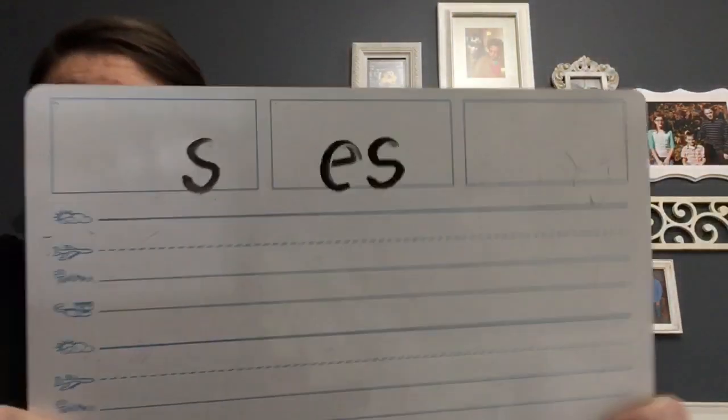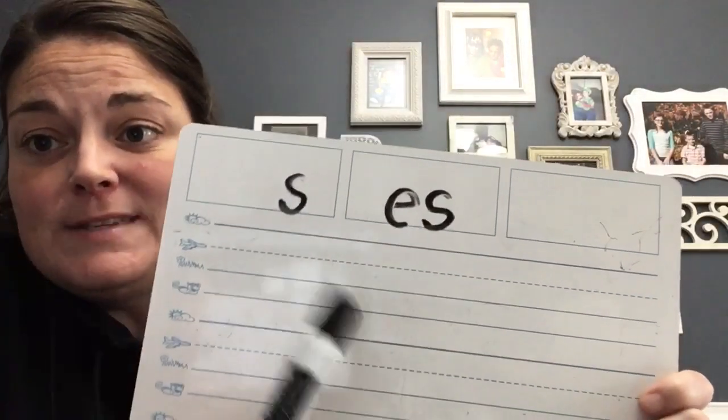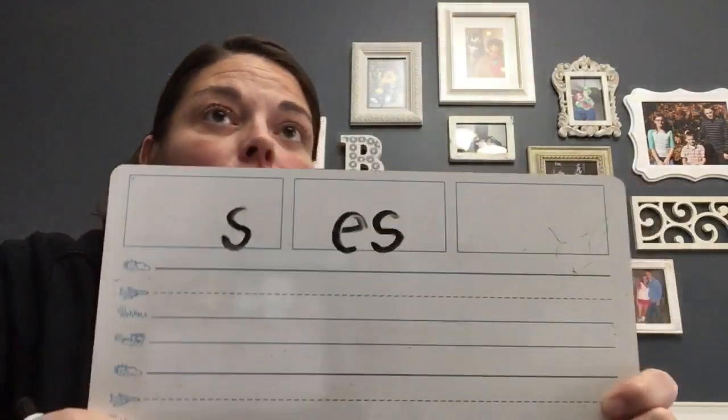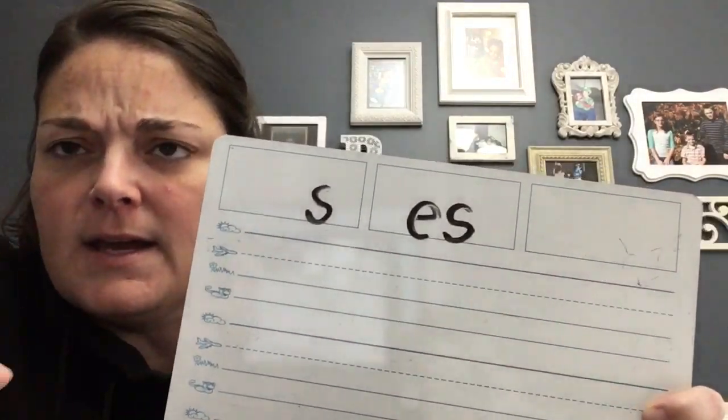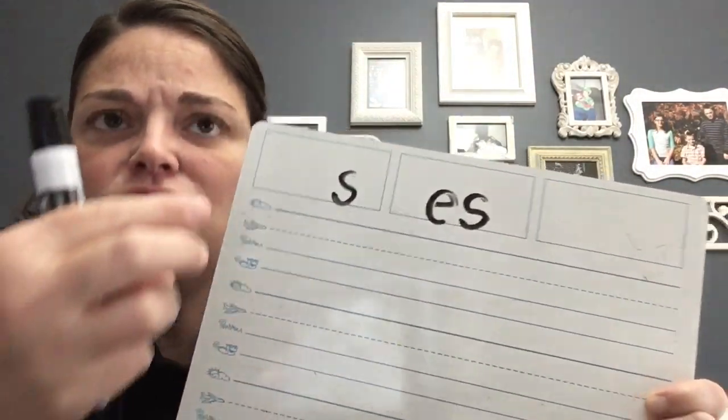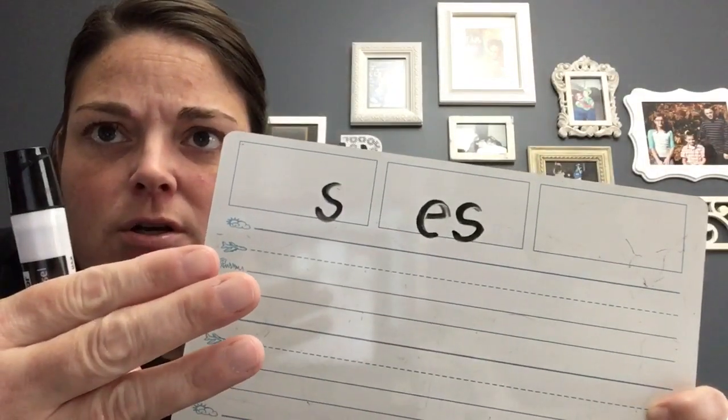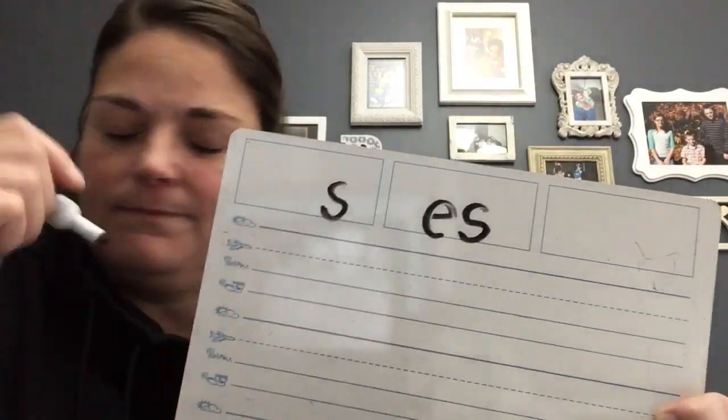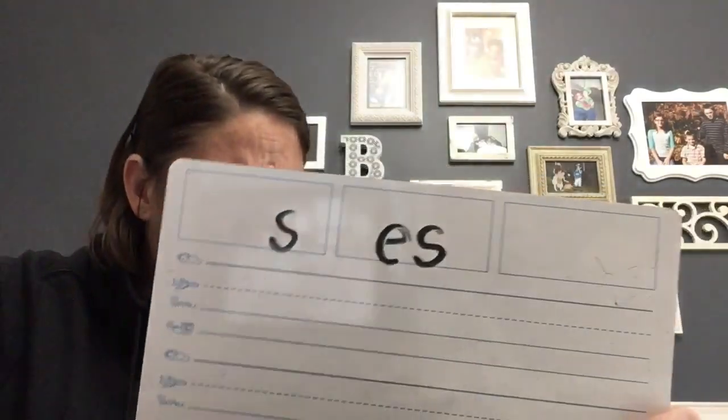Okay, now, there's a lot to learn in this lesson about suffixes. We learned which two suffixes make a word plural, S or ES. You use S unless the word ends in S, CH, SH, X, or Z, right?